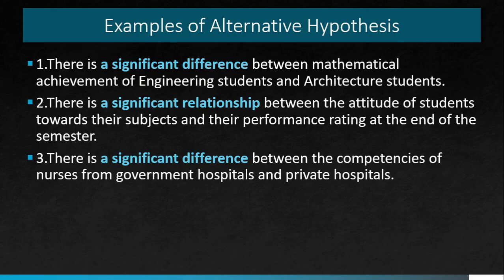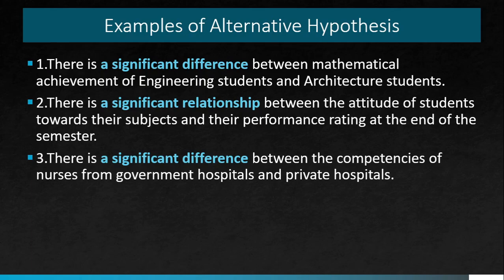So this particular statement only states that there's a difference, but it does not show to us whether nurses from government hospitals have more competencies than nurses coming from private hospitals or the other way around. So it just states that there's a difference, but we don't know the difference. That's why it's considered to be non-directional.